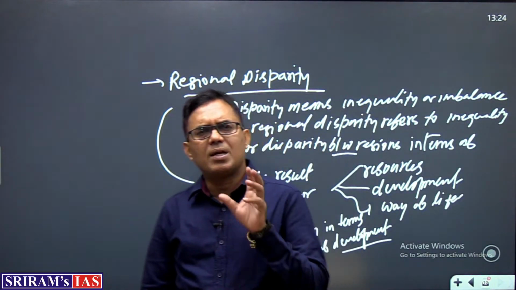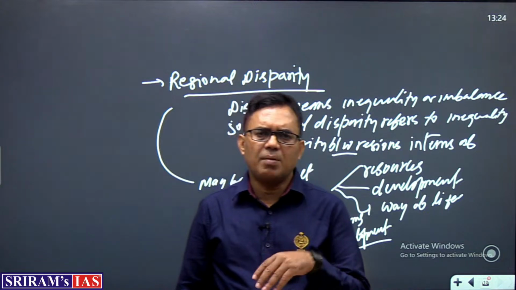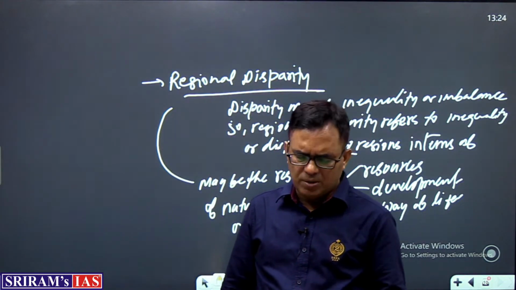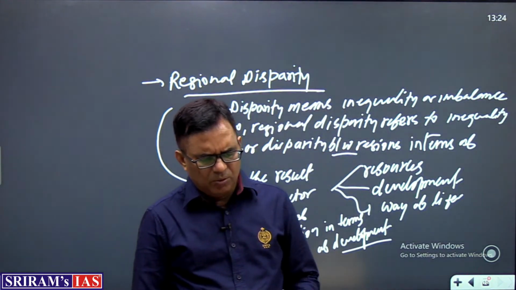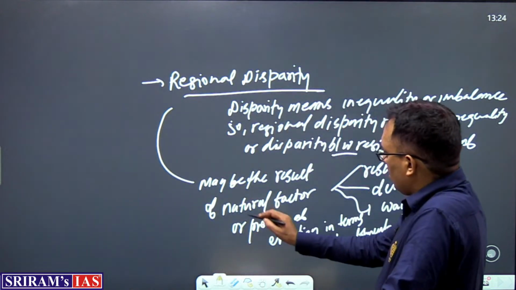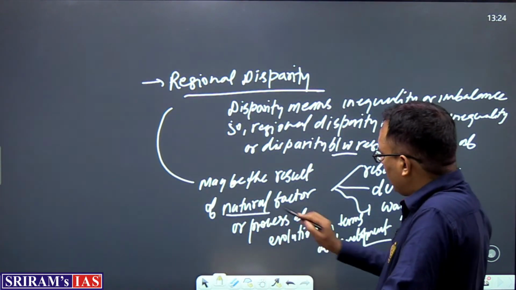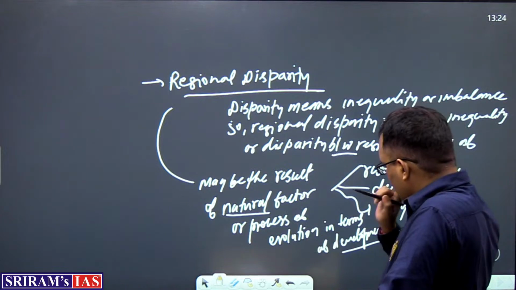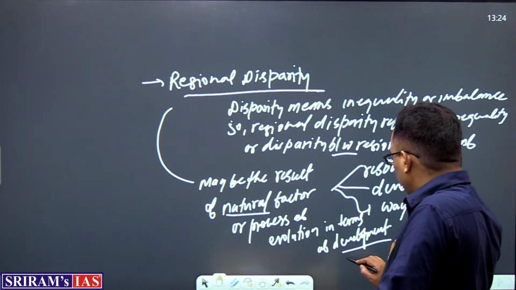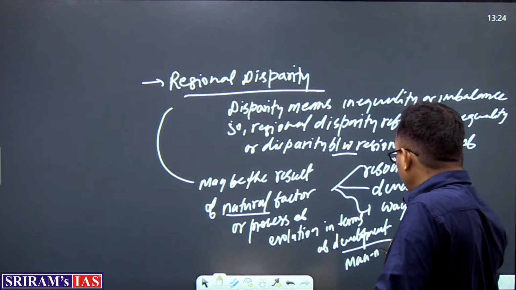In some areas development is more focused, in some areas development is less focused. So this is the first one, the natural factor, and when we say process of evolution or development, this is the man-made factor.